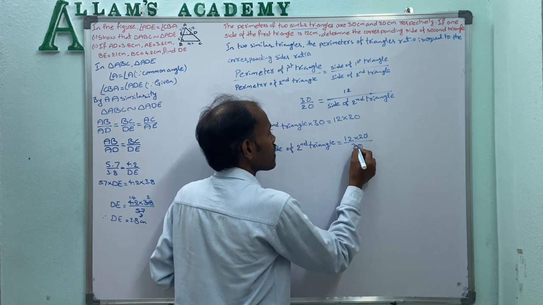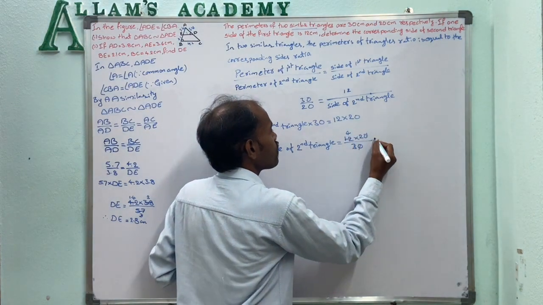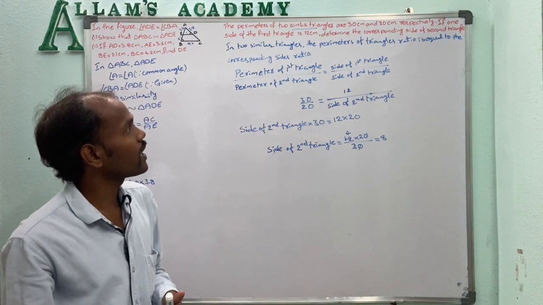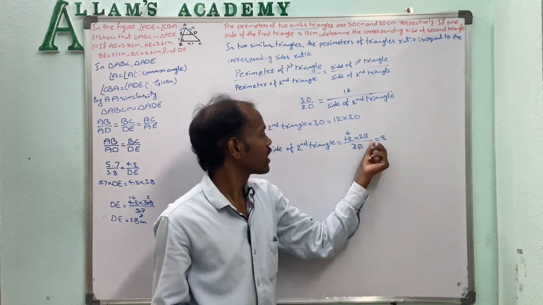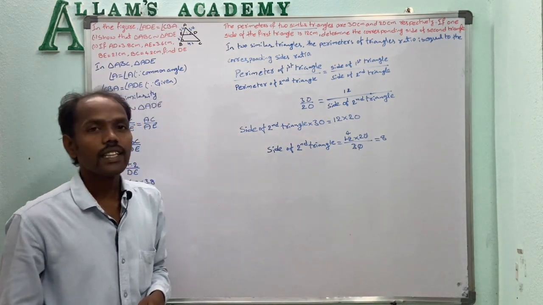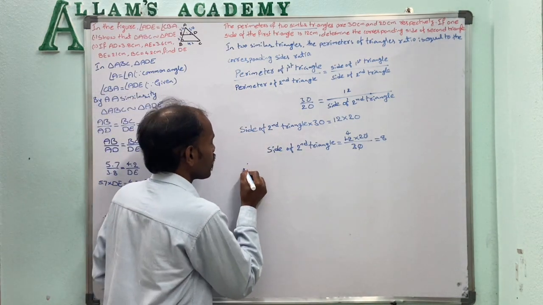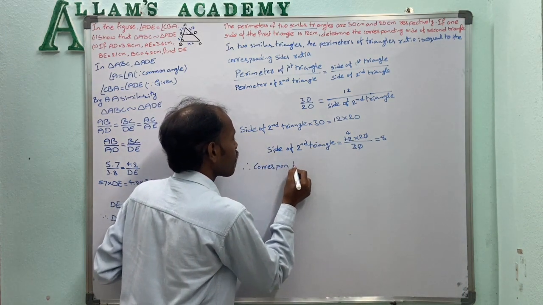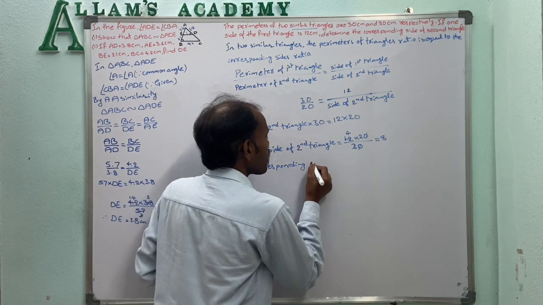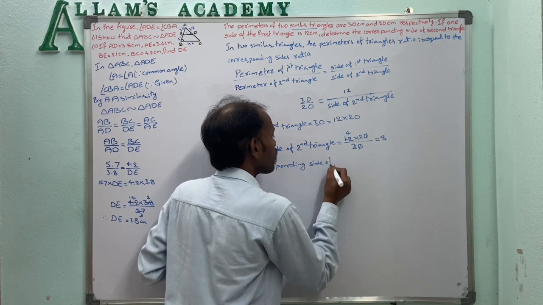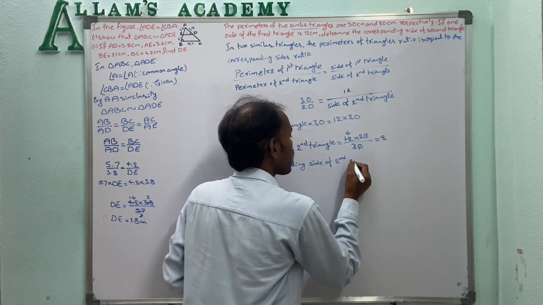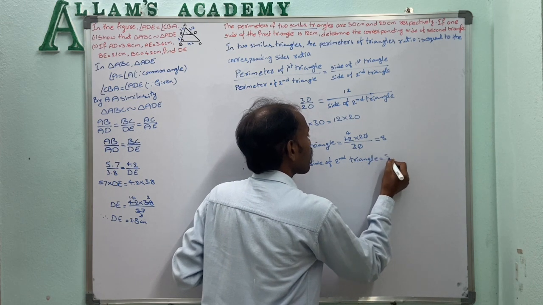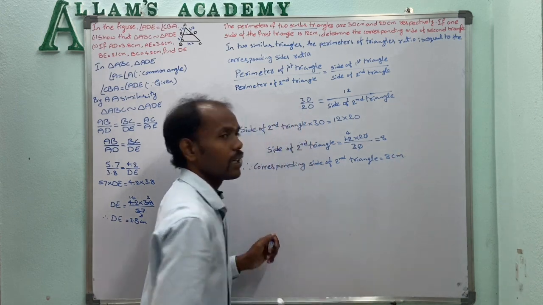The zeros get cancelled, 3 ones are 3, 3 fours are 12, so 4 twos are 8. So the corresponding side of the second triangle is 8 centimeters. Therefore, the corresponding side of the second triangle equals 8 centimeters.